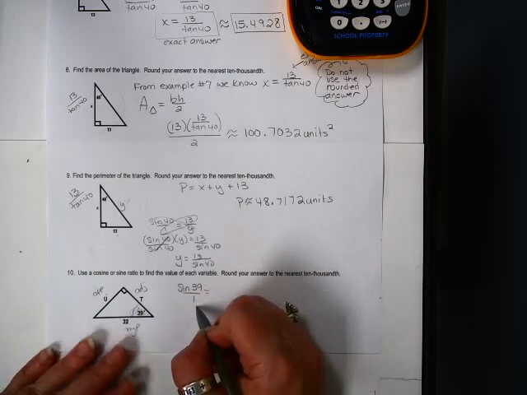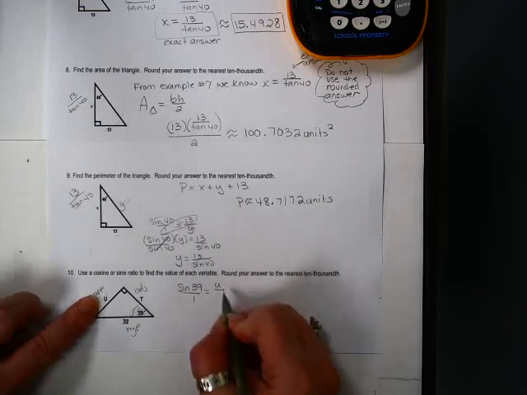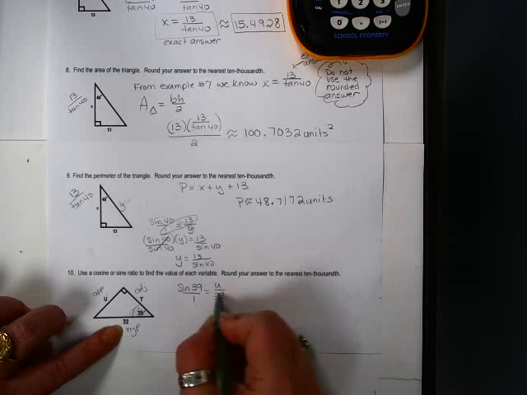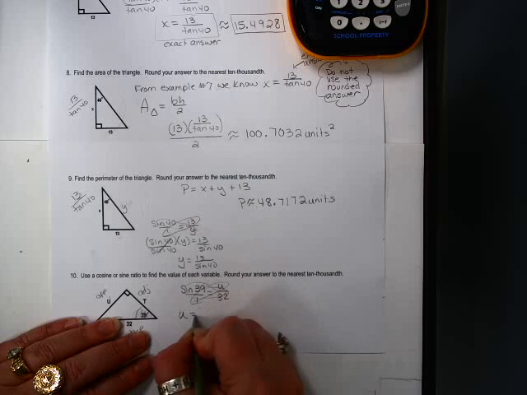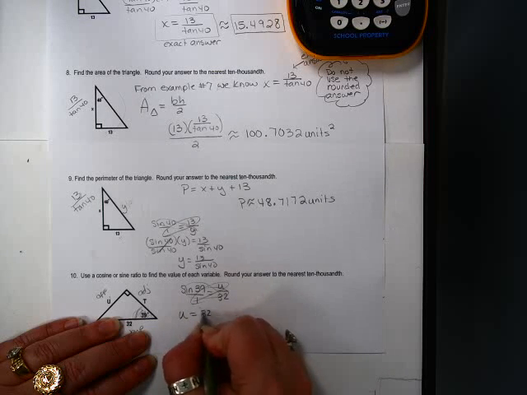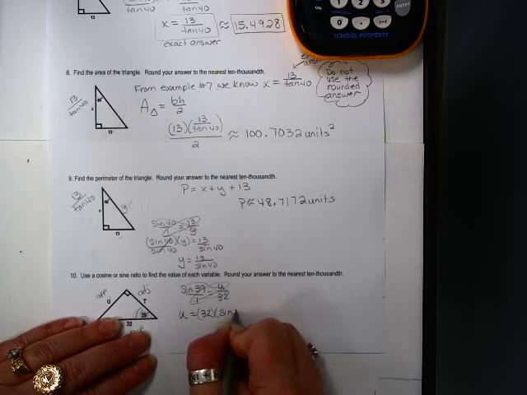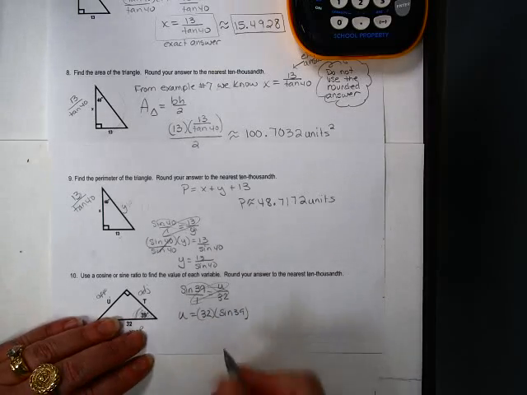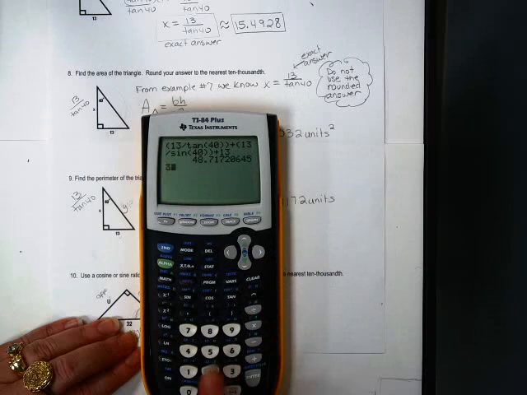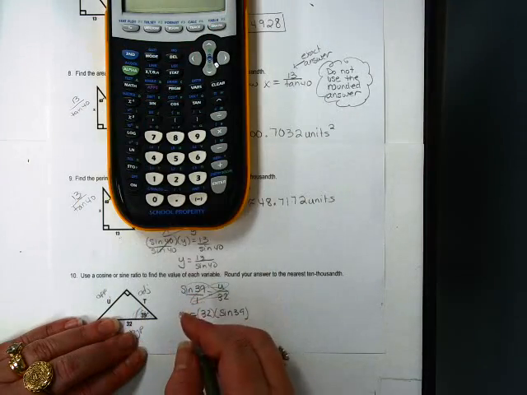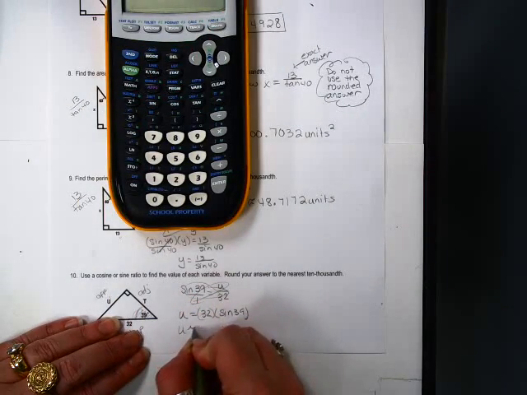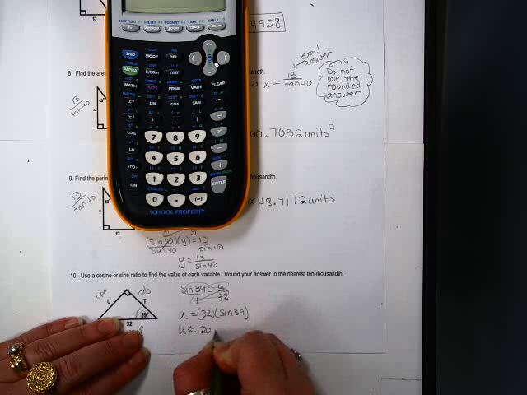Okay, so sine 39 is going to be u over 32. Cross multiply. Now this time you're going to have u equals 32 times sine 39. So plug that in just like you see it. 32 sine 39, close parentheses, enter, and you should get 20. U is approximately 20.1383.